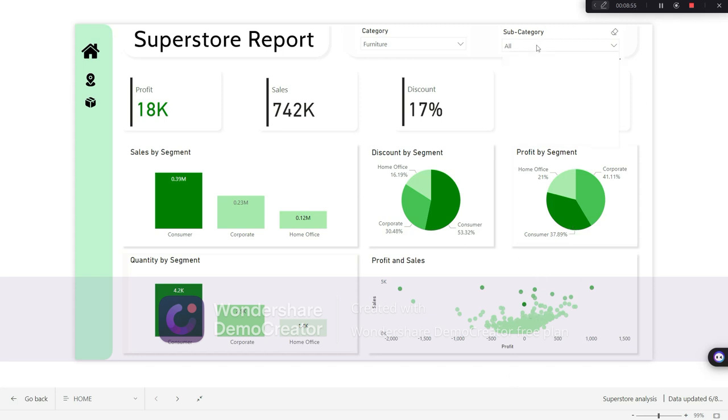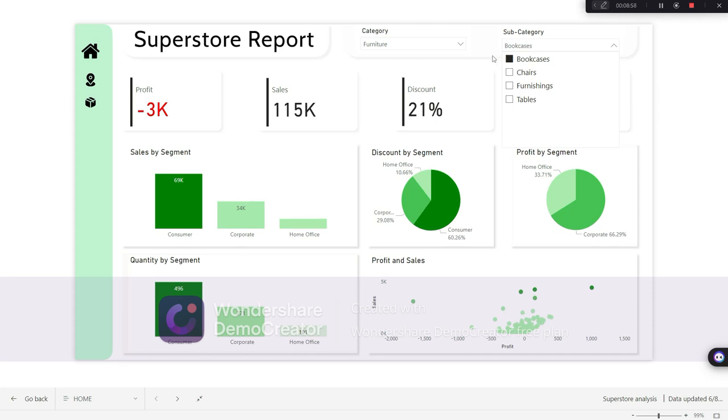Now in the subcategory filter, we choose bookcases, and the profit for bookcases is minus 3k, meaning it made a loss, but the sales are high, near about 115k. We give an average discount of 21%, and we sold a quantity of 868.